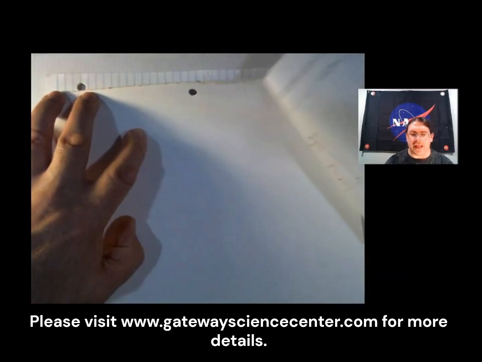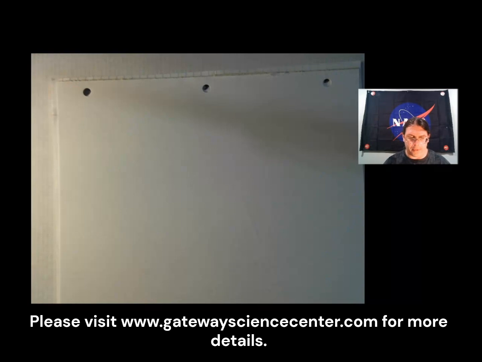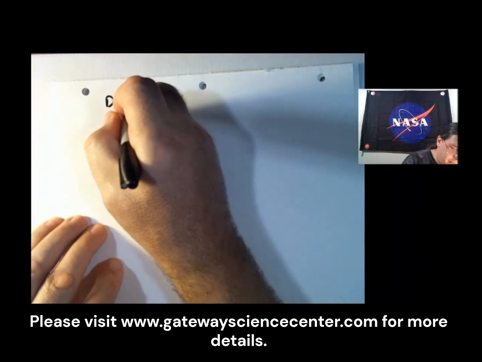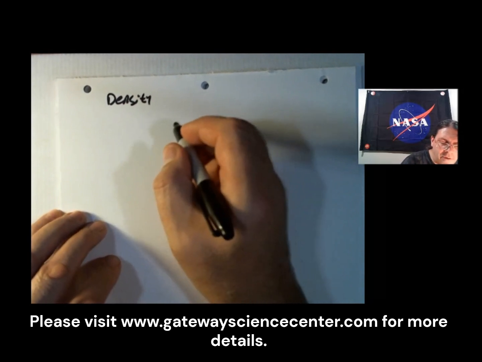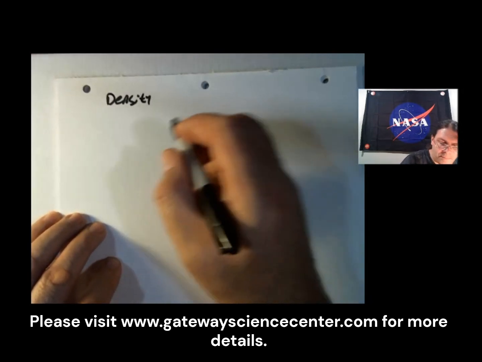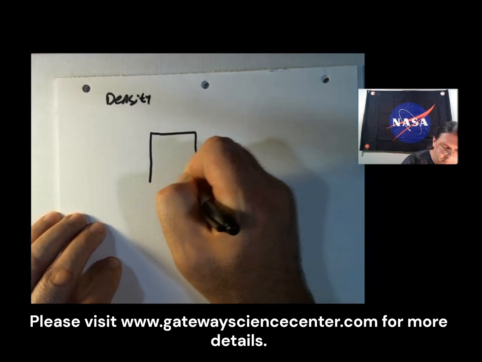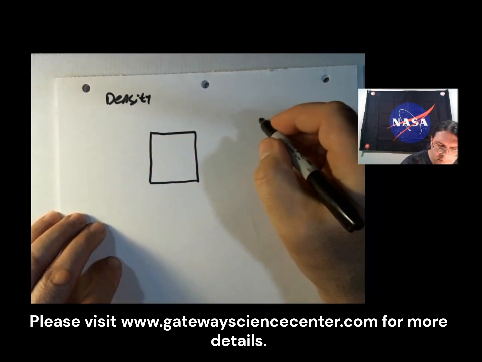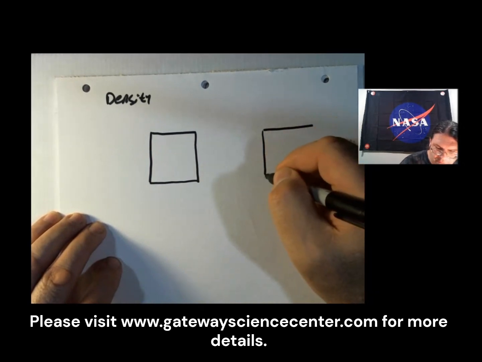So let's look at the relationships. Let's take a look at those relationships we just saw before. So for density, I'm going to keep my volume the same. So here's one volume, and here is roughly the same volume.